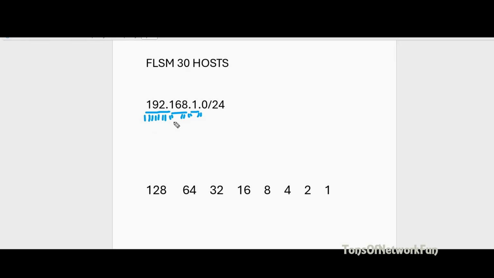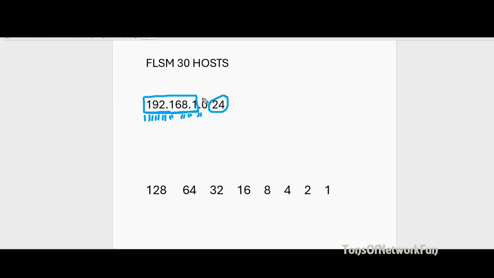So 8 plus 8 plus 8 equals 24. So the first 3 octets represent the network portion, and each octet has 8 bits. That's how we are getting this default slash value of 24.